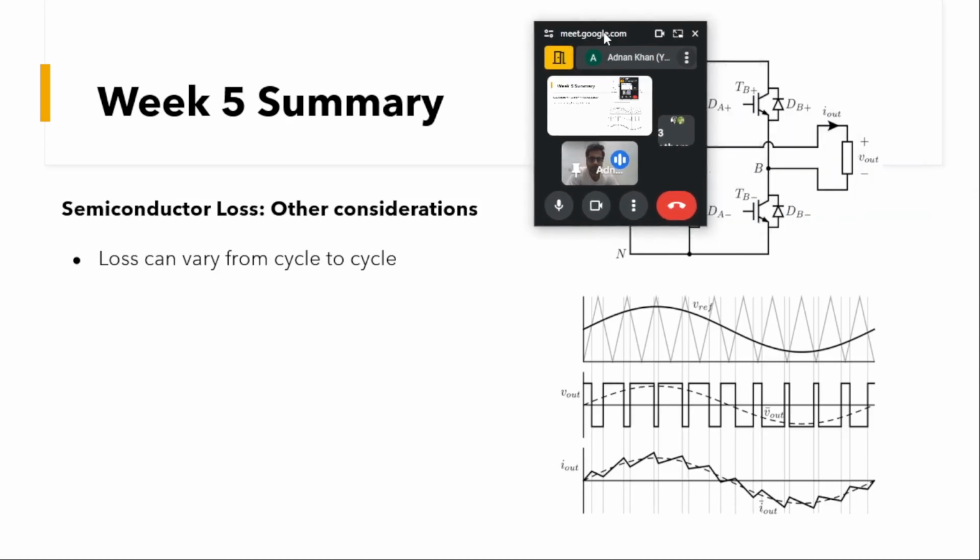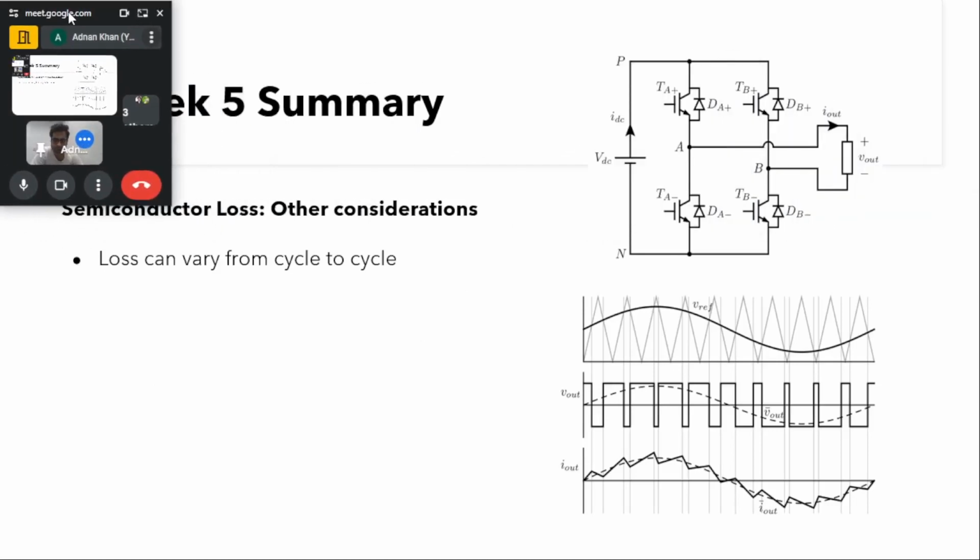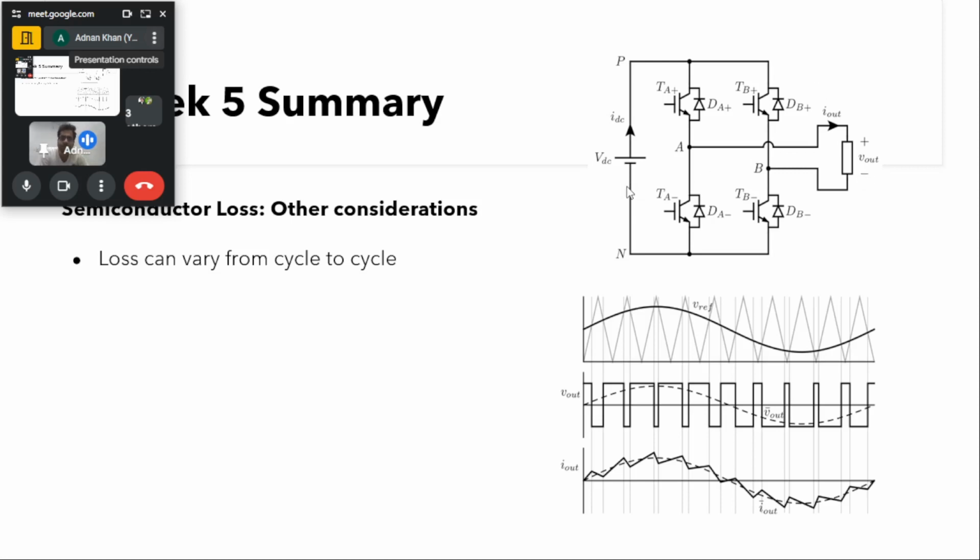After that, this was about the DC-DC converter. We will have some converter topologies where these losses may vary from one switching cycle to another. Here you can see in case of a single phase inverter, where we have a sine PWM modulation, we'll have a pulsating voltage at the output.